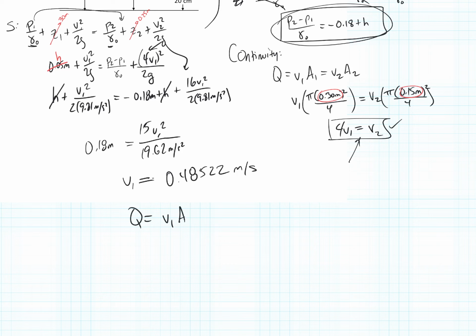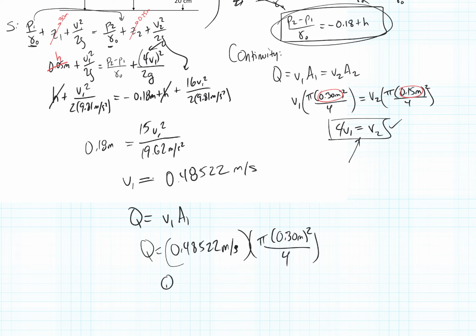So it's going to be V1 A1, so Q equals 0.48522 meters per second times area 1, which is pi times 0.30 meters squared over 4. So Q equals, not a whole heck of a lot, 0.034329898 cubic meters per second.